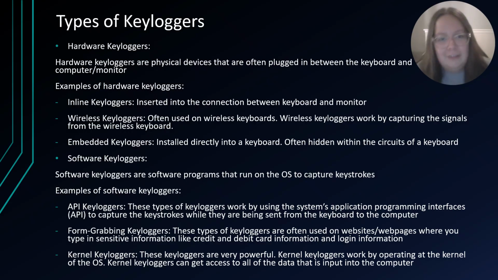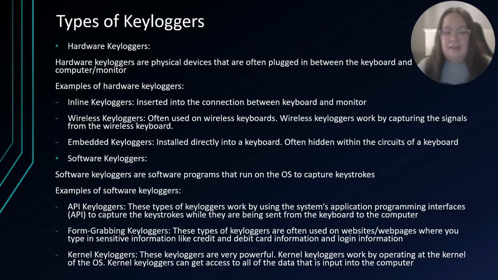Your software keyloggers are obviously dangerous too. These are basically software programs that run on your operating system to capture your keystrokes in real time. API keyloggers work by targeting and using your system's application programming interfaces to capture your keystrokes while they're being sent from your keyboard to your computer in real time. Form grabbing keyloggers are often used on websites and web pages where you type in sensitive information like credit and debit card information and your login information.